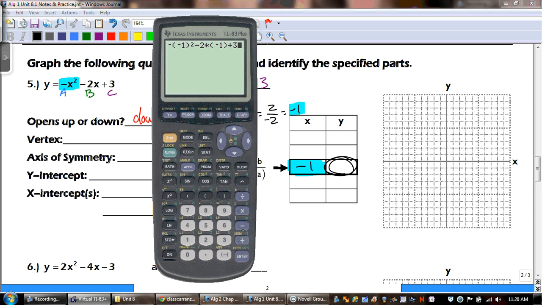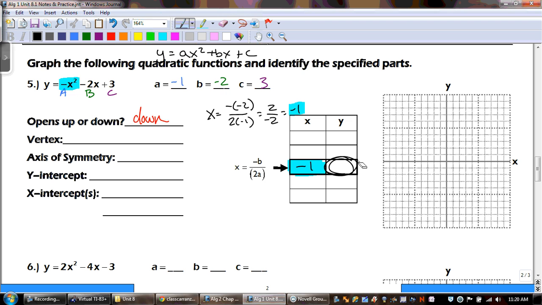I'm using our equation and plugging it right in, and then we get the point right there: -1, 4. Now the axis of symmetry, we already did that. The axis of symmetry is x equals the opposite of b over 2a. Didn't we find that right there? So our axis of symmetry is x equals -1.